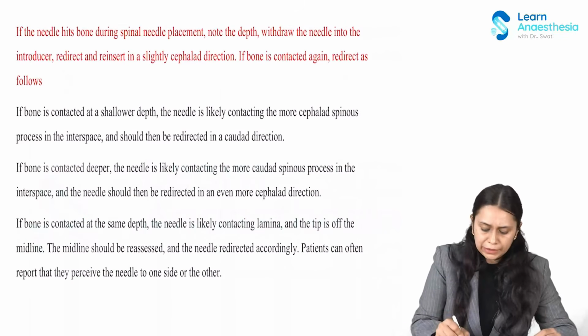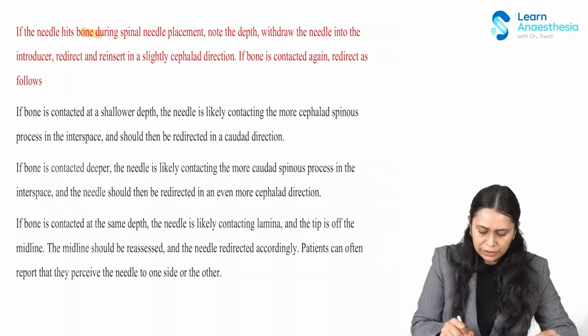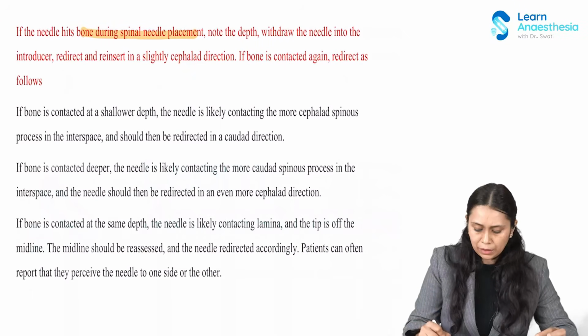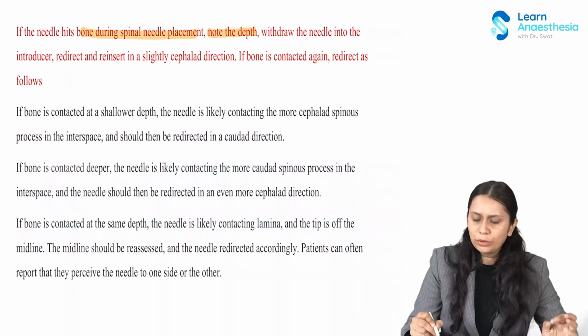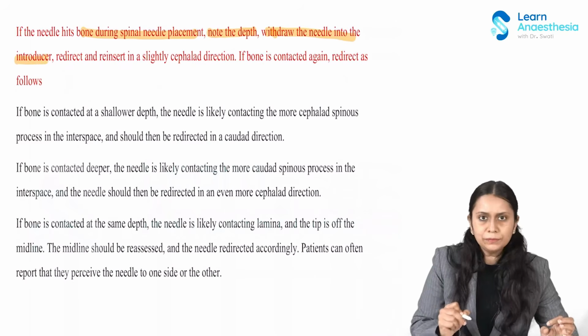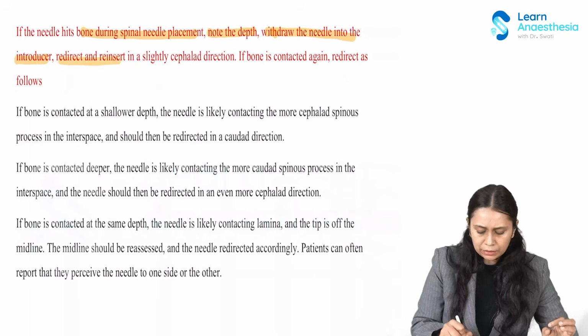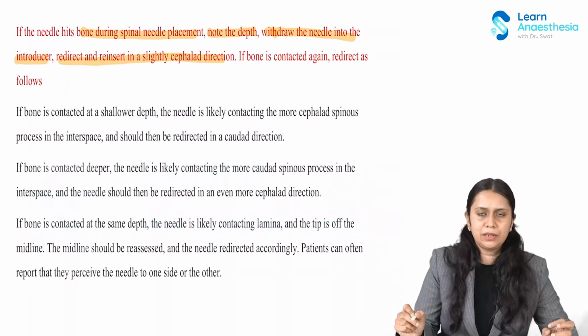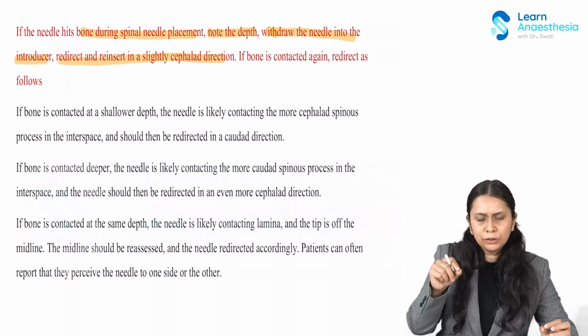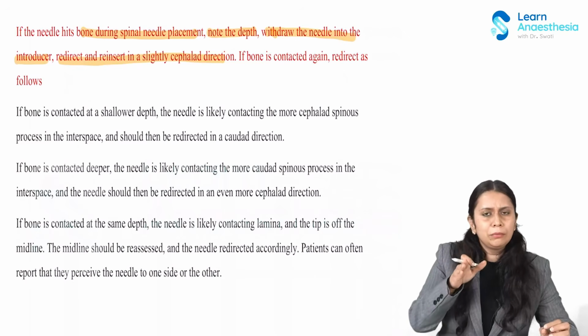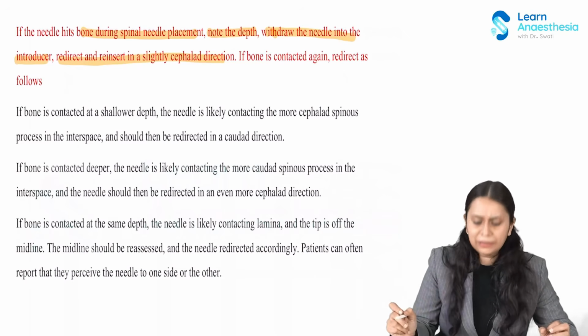If the needle hits bone during spinal needle placement, we have to note the depth at which the bone has been encountered, withdraw the needle into the introducer, and redirect and reinsert in a slightly cephalad direction. So we withdraw the needle till the skin, till the introducer, and then make the direction slightly cephalad.